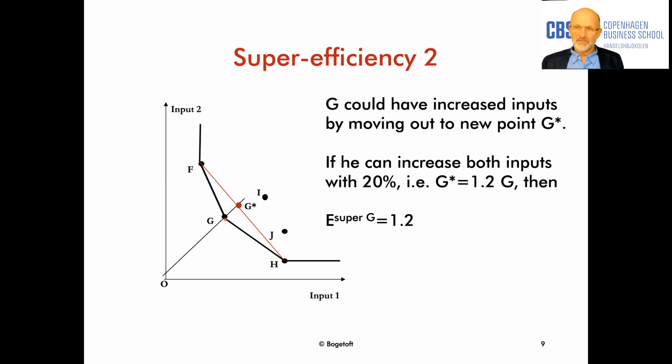So a large super efficiency on the input side suggests that you could expand your consumption of inputs without looking inefficient. A small super efficiency on the output side means that I could have reduced my services and still I would look efficient.